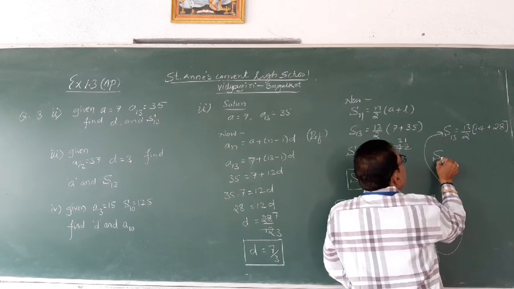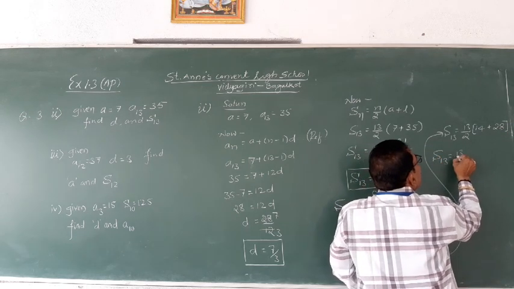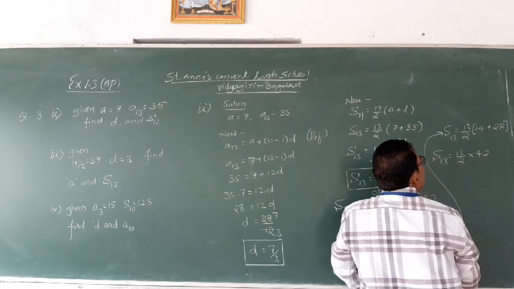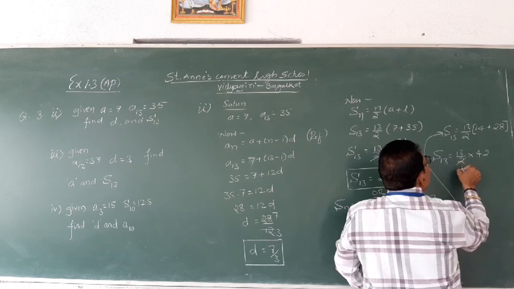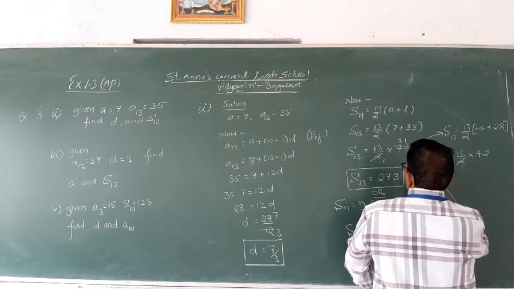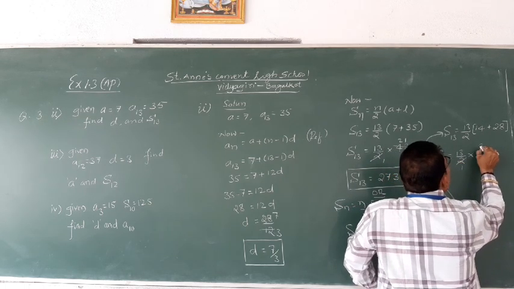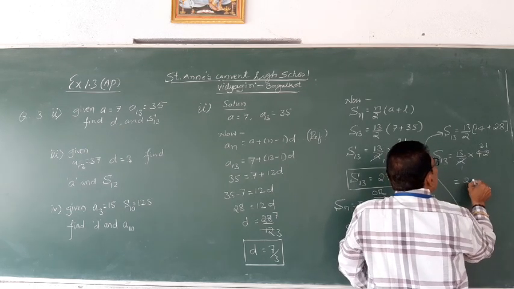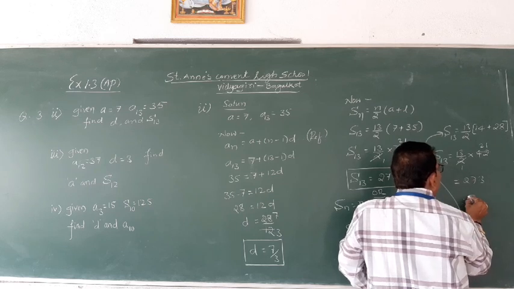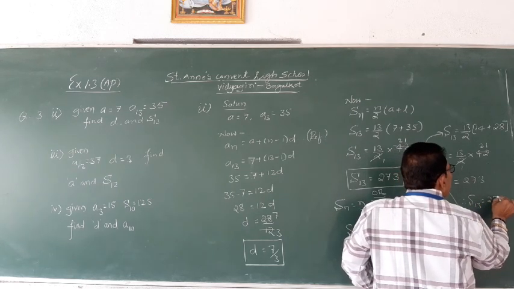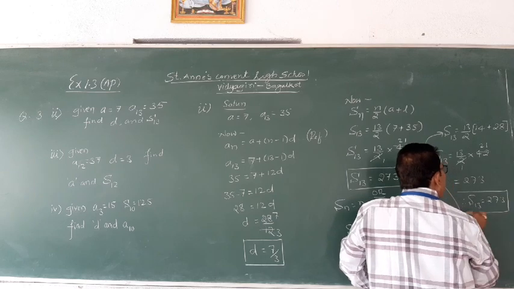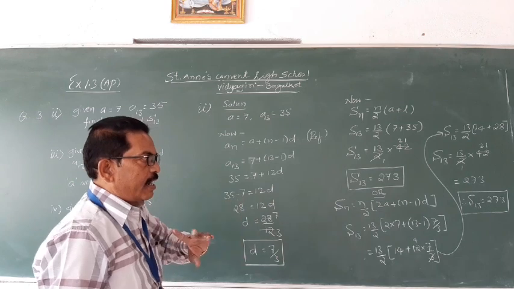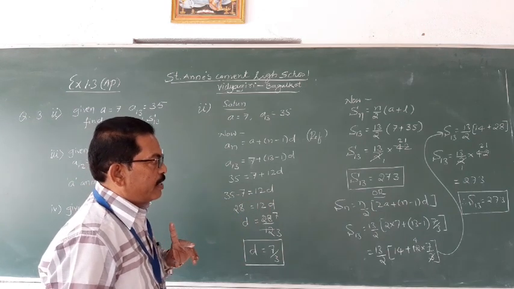Then we have S13 equals 13 by 2 into 42, that is 13 into 21, which is nothing but 273. Therefore, S13 equals 273 is the answer.